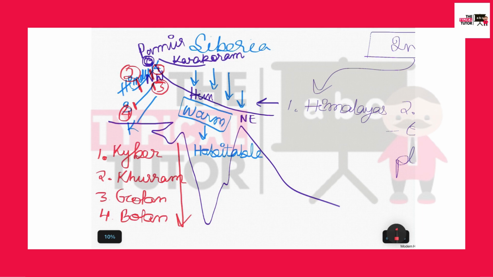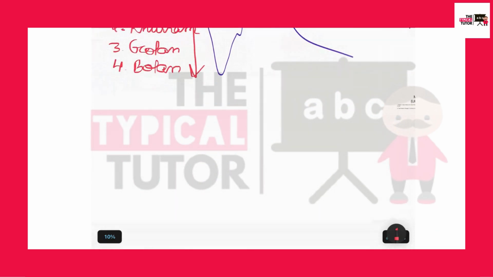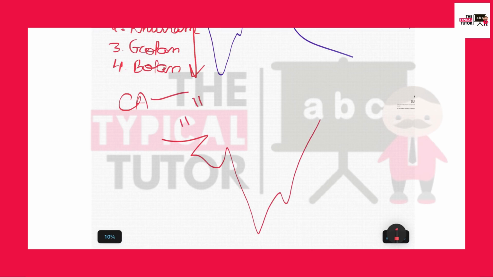Through these passes, people from various tribes from Central Asia have been able to enter India. Let us see what they were. So this is Central Asia and say this is India. Through these passes, from time to time, various tribes and communities have entered India and changed the course of history.